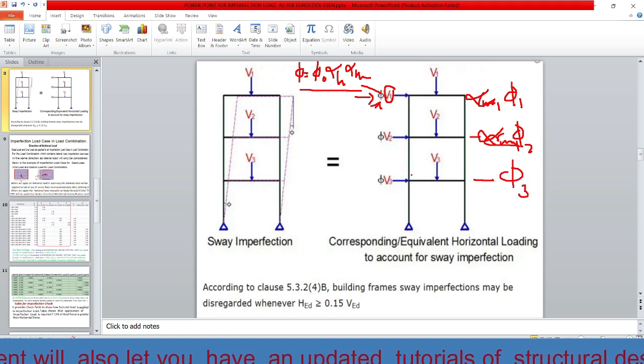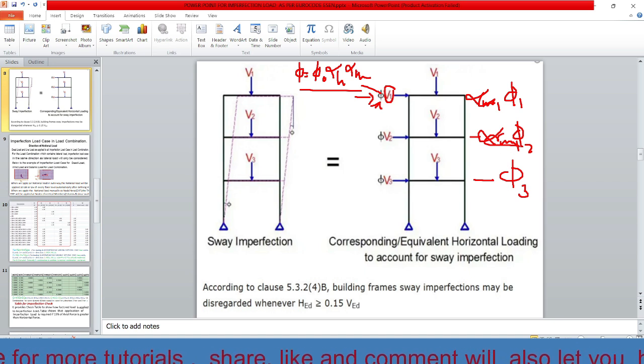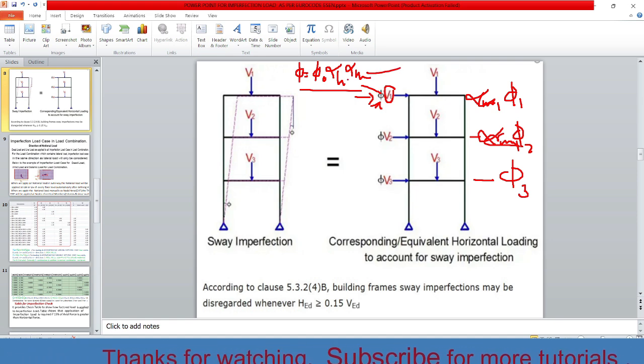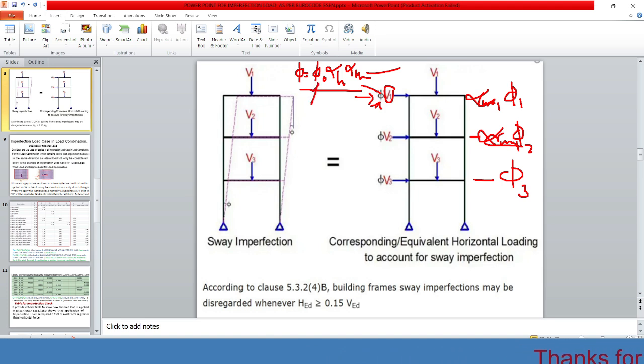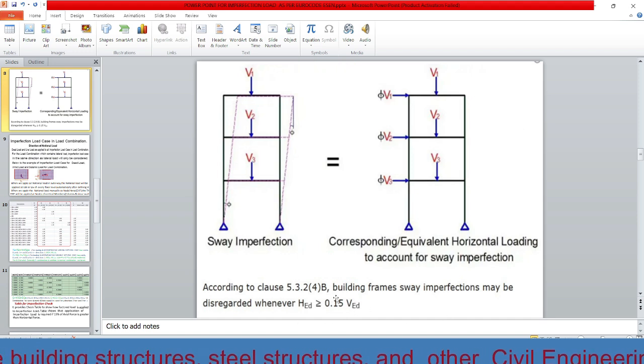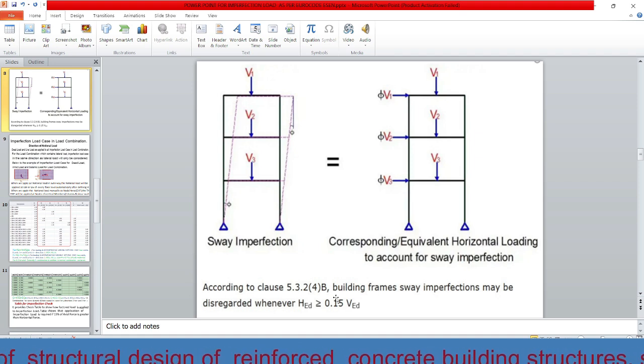So, phi will be different for every floor because it depends on the number of columns per row and the height of the story. However, the basic sway angle is uniform for all stories. So this is how we can decide whether notional load consideration is required or not.